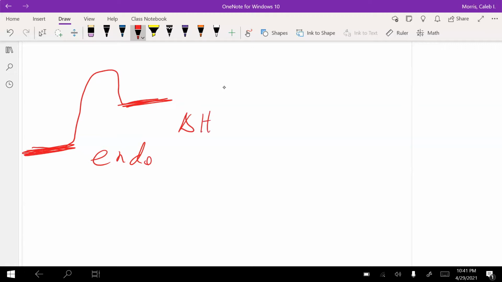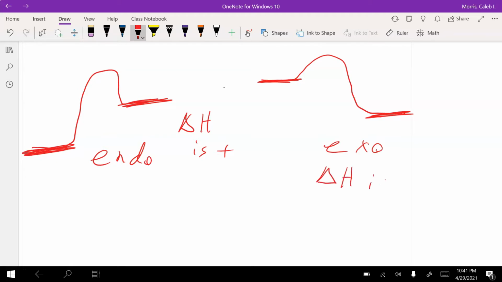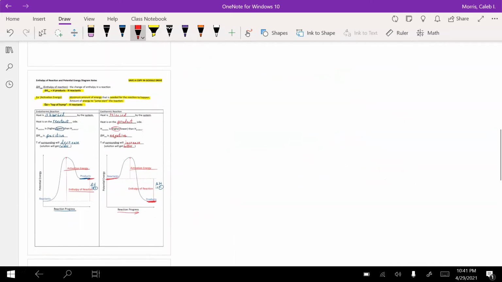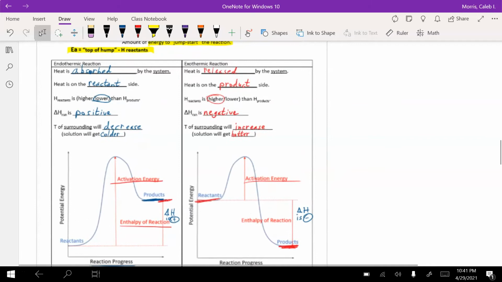Delta H is positive. And then if you have something that looks like this, where your starting energy is higher than your ending energy, that's exothermic because delta H is negative. That's pretty much a summary of what we just looked at, what we just talked about here.